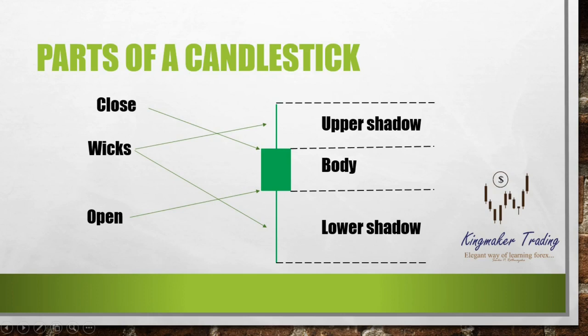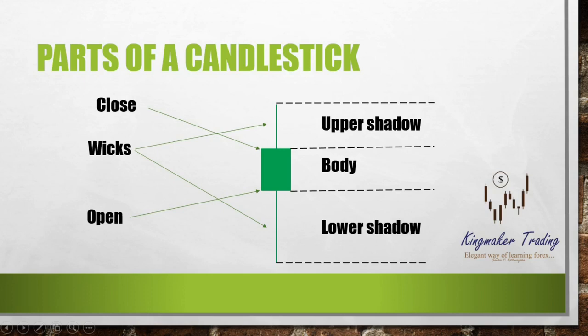So for a green candle, this is the opening price and this is the closing price, and this big square area is called the body of the candlestick. These lines to the downside and upside are called wicks, and this part is called the upper shadow and this part is called the lower shadow.